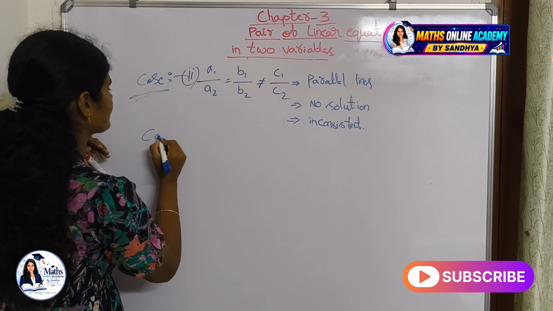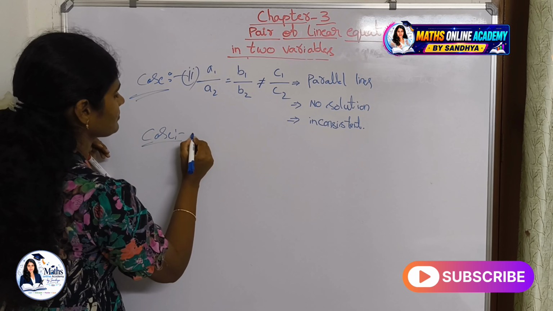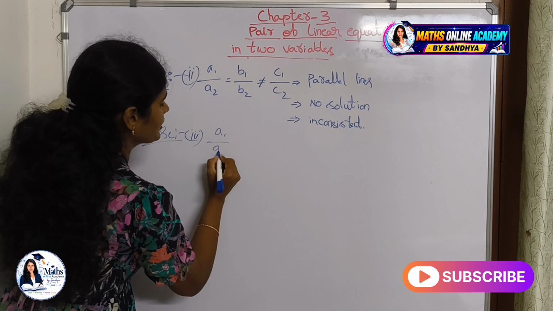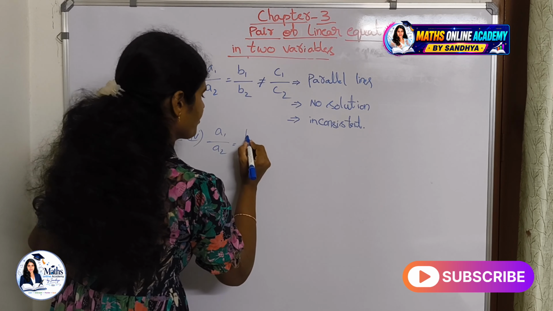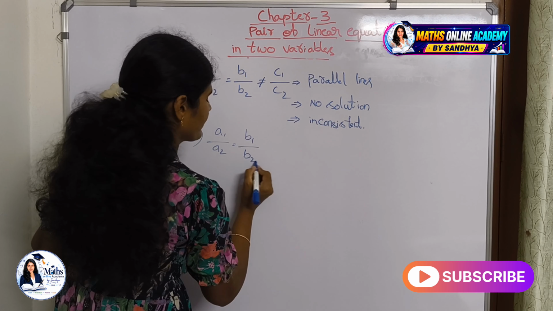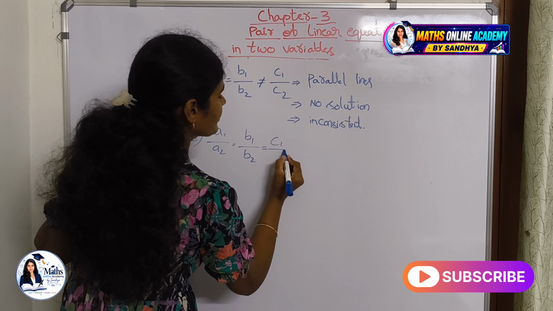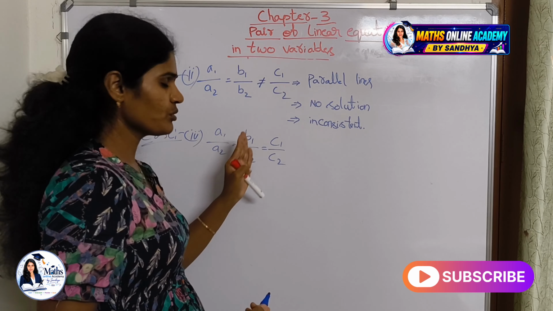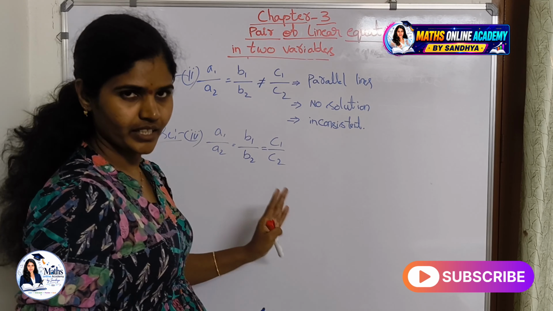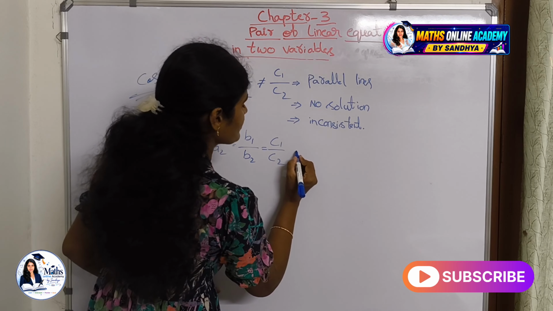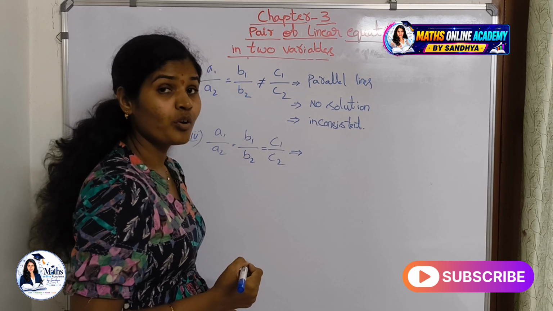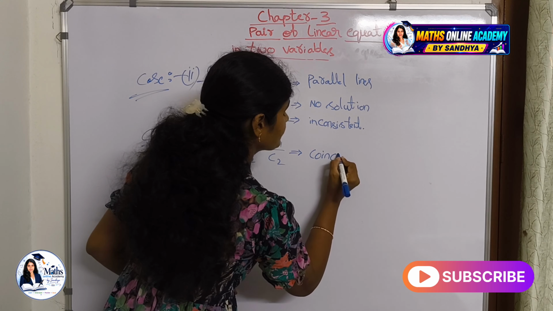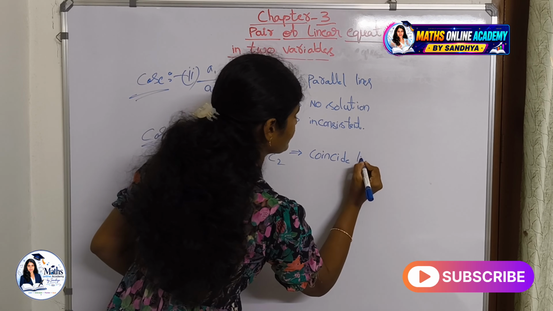And next, case 3. a1 by a2 equal to b1 by b2 and equal to c1 by c2. If a1 by a2, b1 by b2, c1 by c2 are all equal, those are coincident lines.